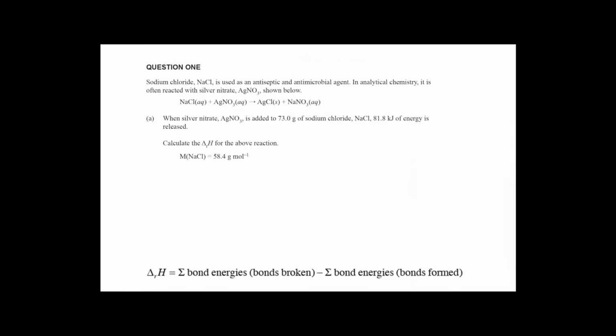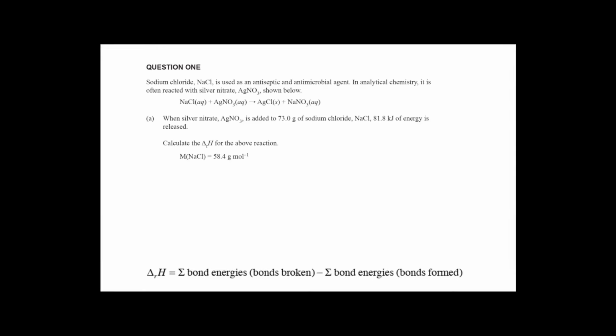The first question is a kind of slightly odd one. It says that sodium chloride, NaCl, is used as an antiseptic and antimicrobial agent. It's table salt, so hopefully you know that NaCl is just table salt. So why they need to tell you that, I don't know.